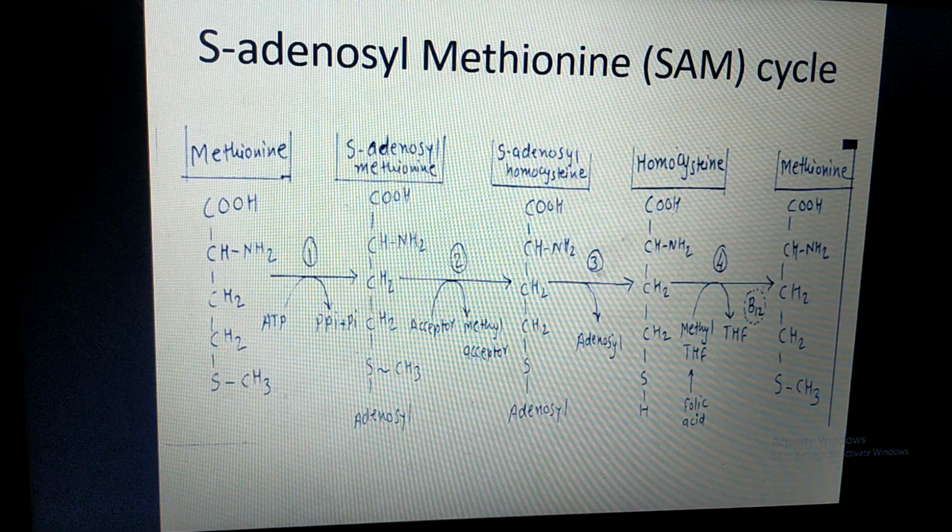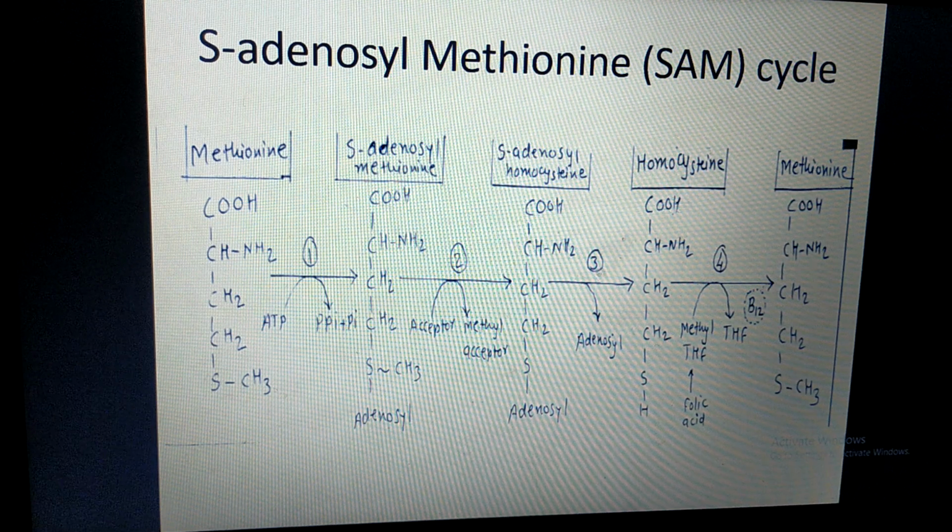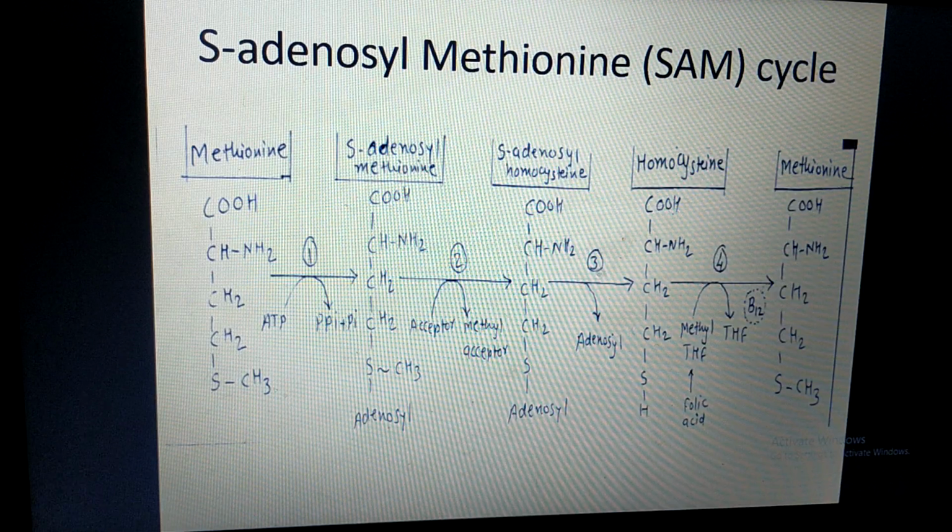After removal of the methyl group from S-adenosyl methionine, it is converted into S-adenosyl homocysteine, SAH. Right. Now later on in the third reaction, the adenosyl group is also removed from this S-adenosyl homocysteine and it becomes just homocysteine. Now this homocysteine combines with methyl tetrahydrofolate, which is a carrier of one carbon compounds, where it carries a methyl group.